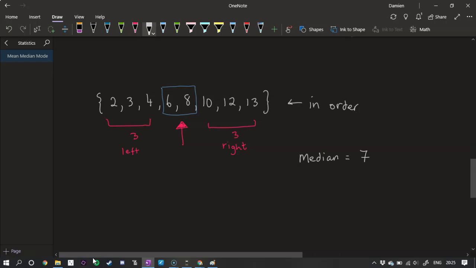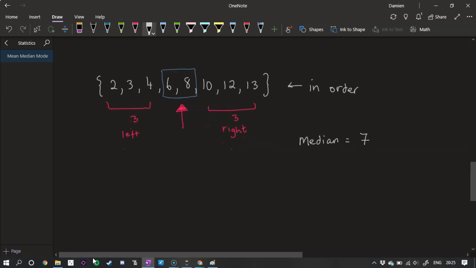Now, it's not always going to be super obvious what the middle number is. So there is another way of actually getting this. What you do is you take the 6 and the 8 and you add them together. And when you add the 2 numbers together, you divide by 2, which is how many numbers you're adding together. So 6 plus 8 on the top is 14.